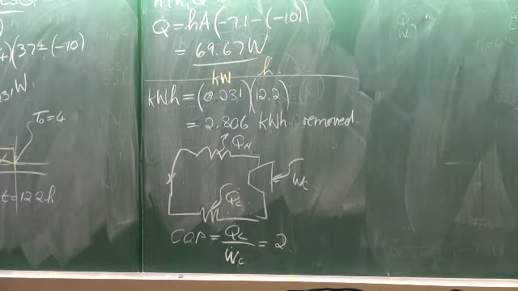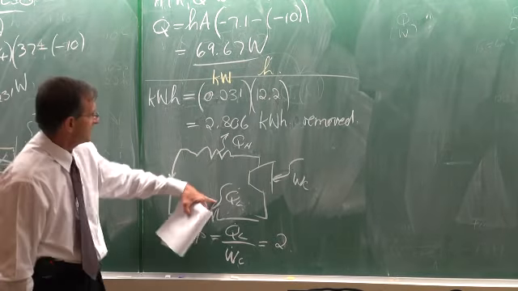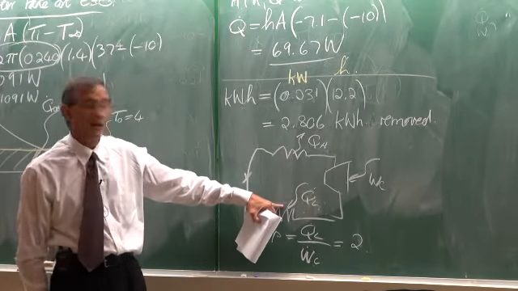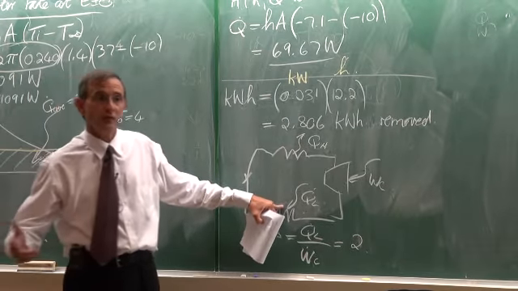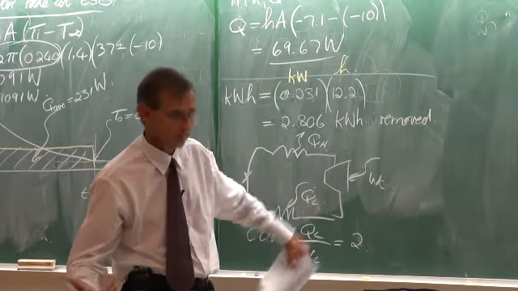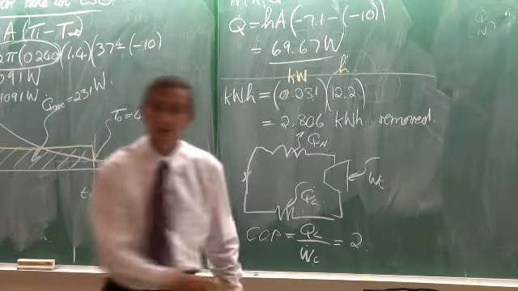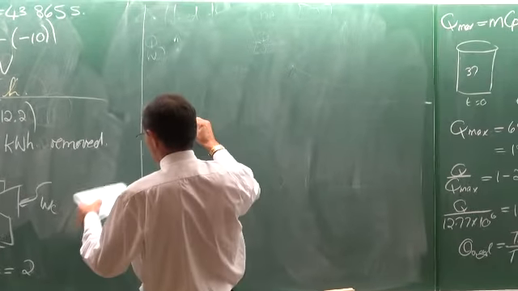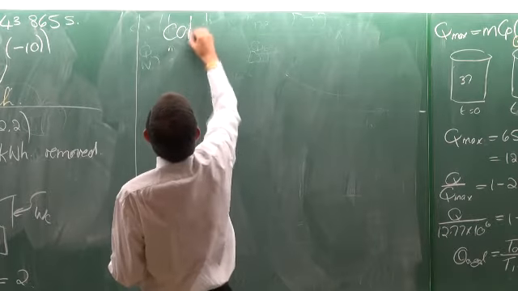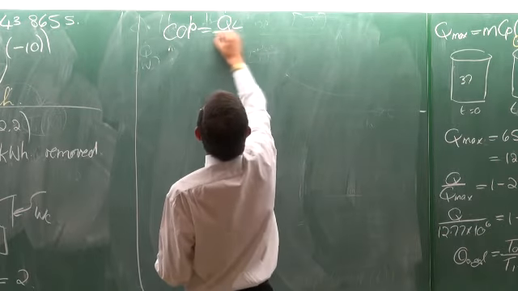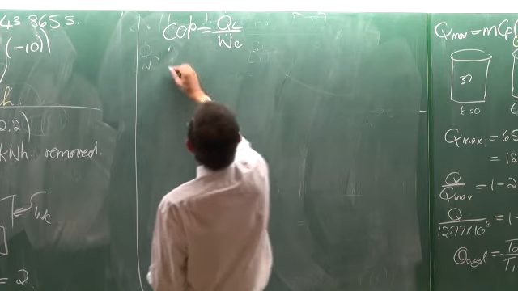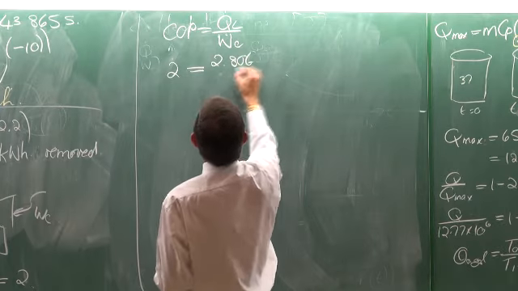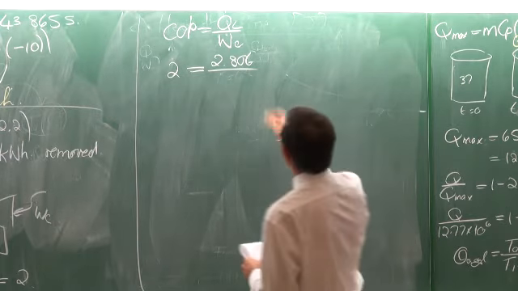Okay. So it means for every 2.086 kilowatt hours of heat being removed there, I only use half of it to drive the compressor. And that is where I'm going to pay my electricity. Okay. So the COP, which is equal to 2, QL divided by the compressor, that is 2, and that is equal to 2.086 in terms of kilowatt hours.